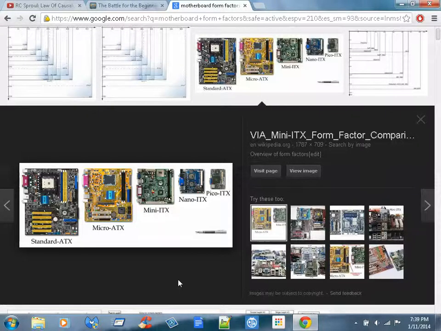Going on next to PCI Express, that's the main slot we use now. It's very fast. It uses a serial bus. It delivers data in packets. It has different speeds, all the way from 1x, 4x, 8x, 16x, and 32x, the width of the bus.